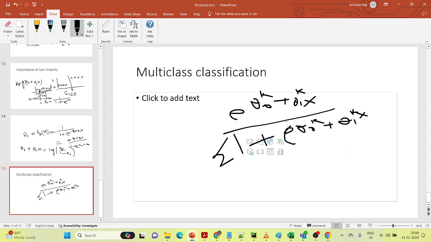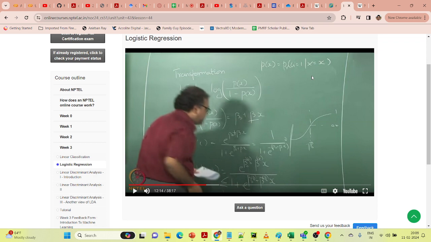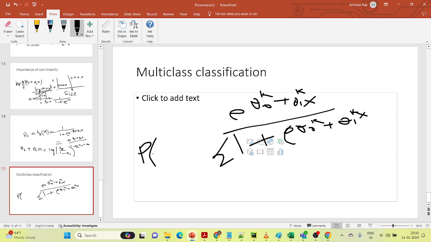So this expression is the probability of x belonging to class k. So the probability of it being class k given the x value is equal to this.